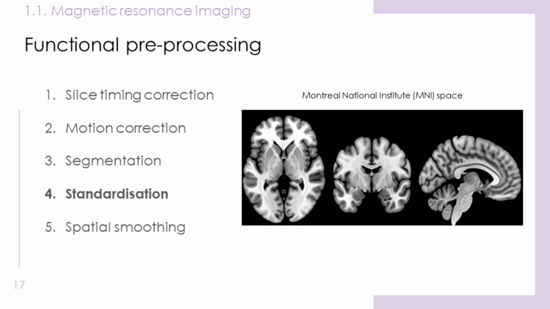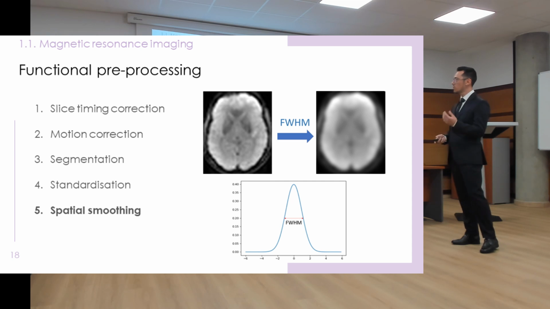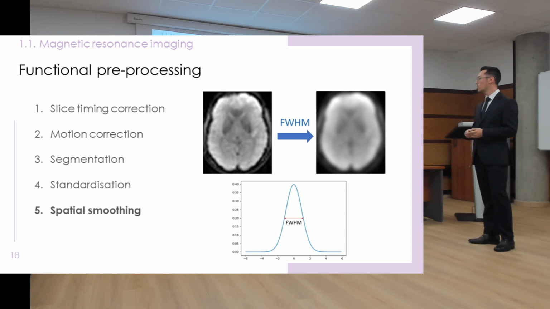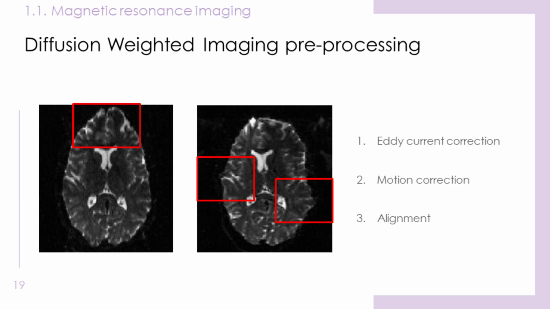This step is just a spatial transformation of the individual's brains into a normalized space, so we are able to compare them. And finally, spatial smoothing, which increases the overlapping of regions between the subjects and allows to make inference of regional effects by complying with Gaussian random field theory.